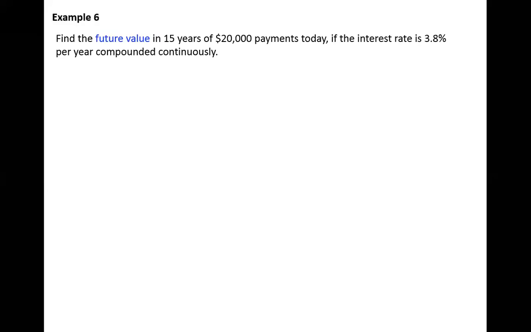Find the future value, the amount that we're expecting in 15 years of investing 20,000 today, if the interest rate is 3.8% per year, compounded, and that's the point, continuously. Do you think you can tell me the equation, just the equation? I will just check if you learned something today. You remember my equation? It's different than annually.